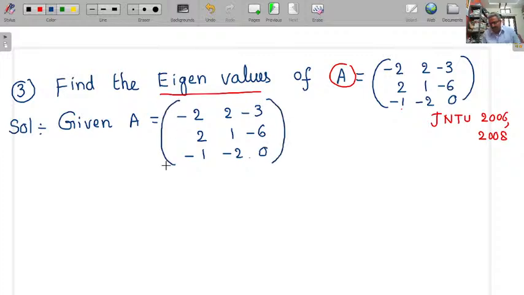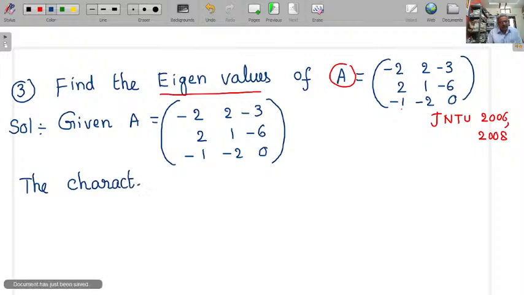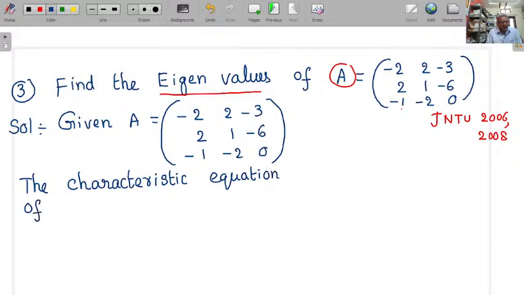So now let us write the characteristic equation. The characteristic equation of A corresponding to the A matrix is determinant of A minus lambda I is equal to 0.